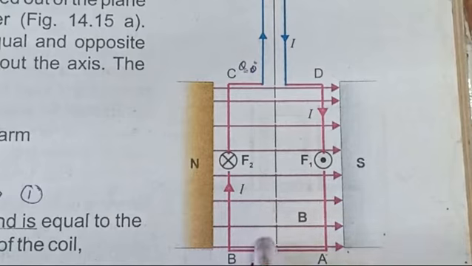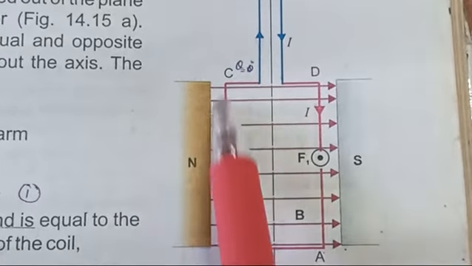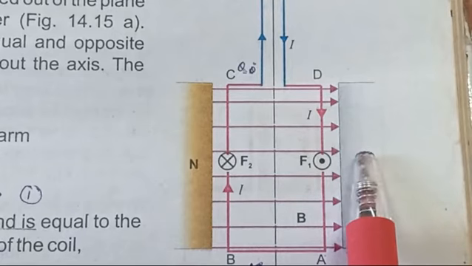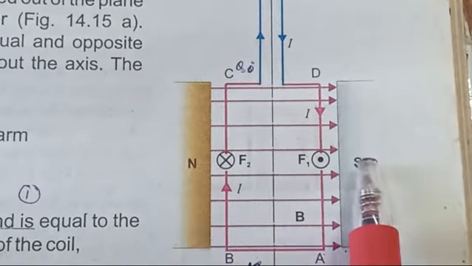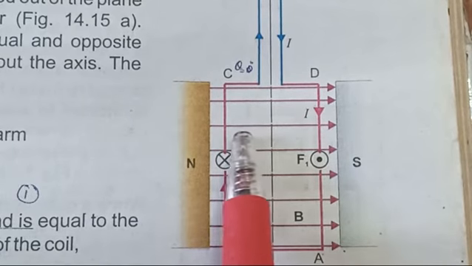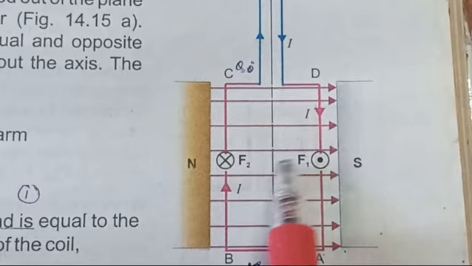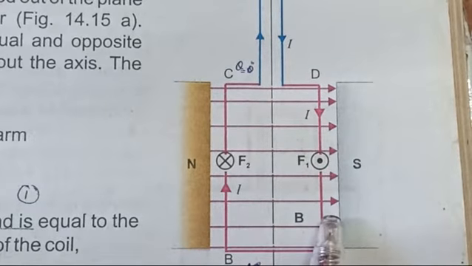Now suppose this rectangular coil ABCD is placed in a uniform magnetic field represented by north pole and south pole, and the magnetic field lines represented by these red arrows. Magnetic field lines show magnetic field direction.